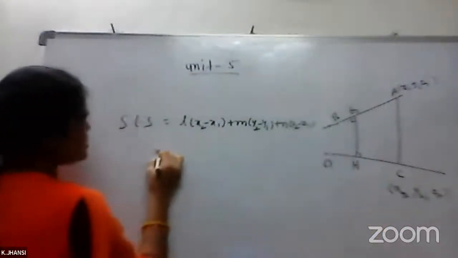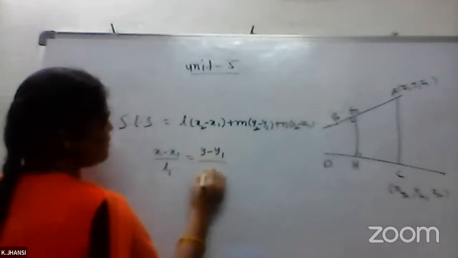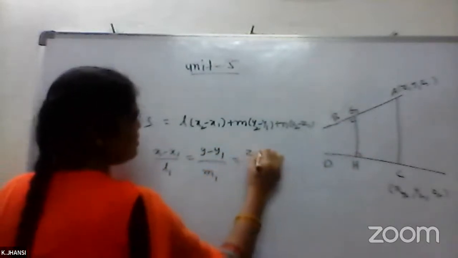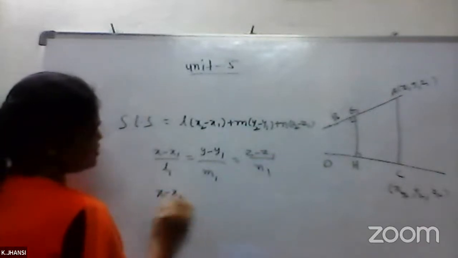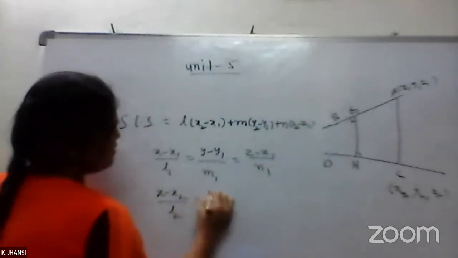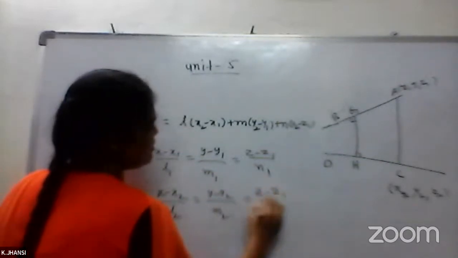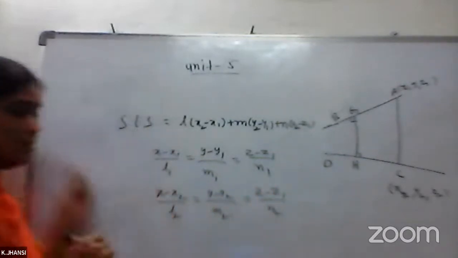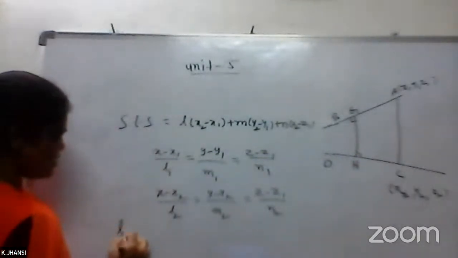So you will write, when GH is perpendicular to this one and also this one, that means the two equations will be x minus x1 by l1 equals y minus y1 by m1 equals z minus z1 by n1, and also x minus x2 by l2 equals y minus y2 by m2 equals z minus z2 by n2. Okay. l, m, n are direction cosines.